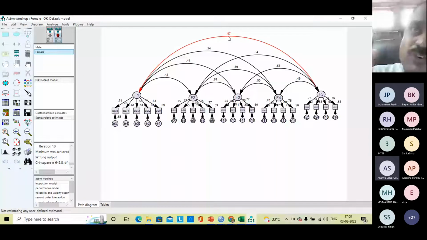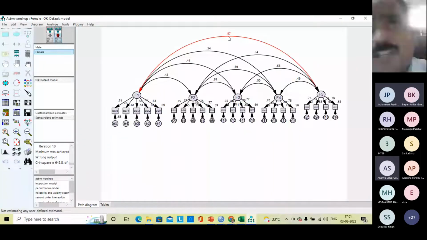I will go into them later, but initially I wanted to tell you that some difference is there. This is the basic meaning of multi-group analysis in SEM or CFA.